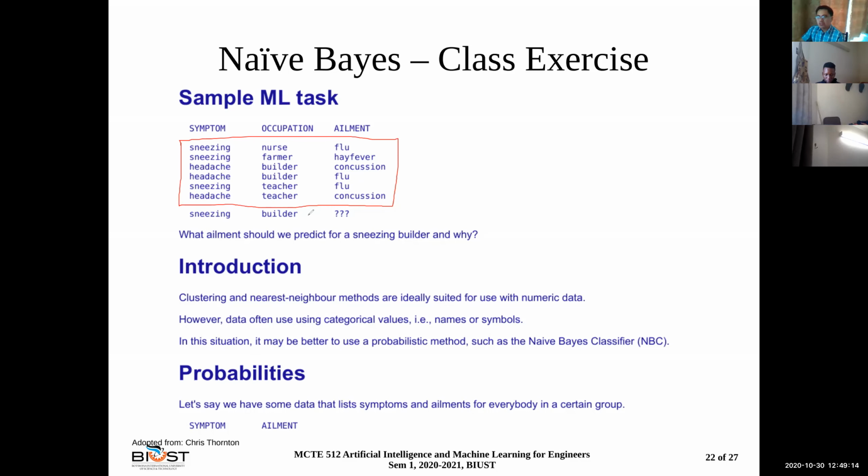We want to know, if the person is sneezing and is a builder, what kind of ailment that person has based on the data.